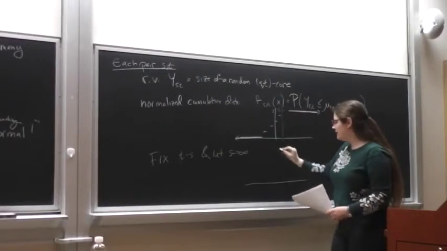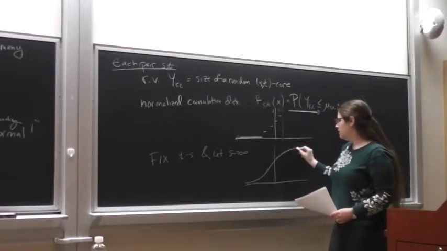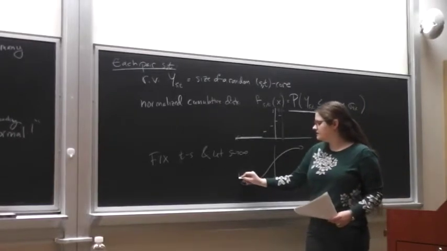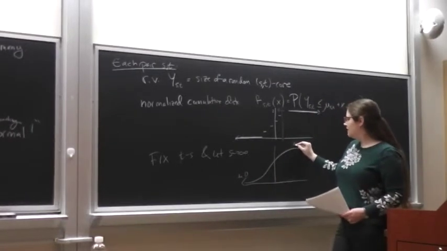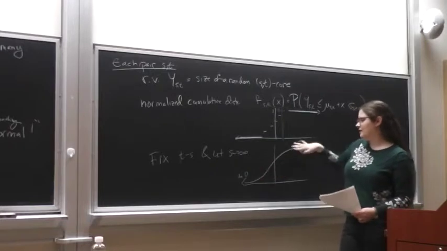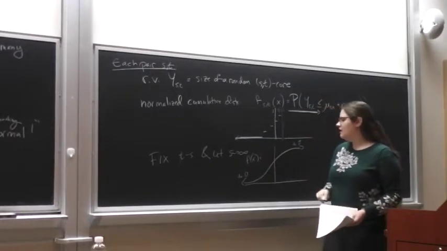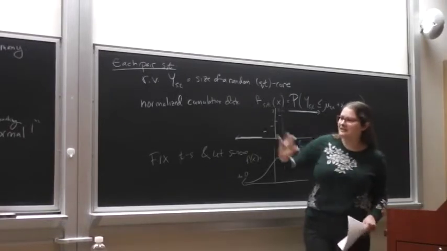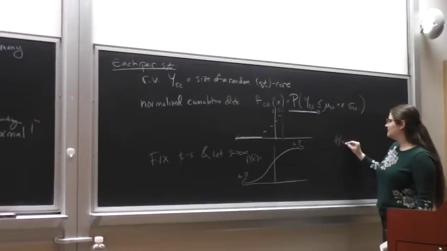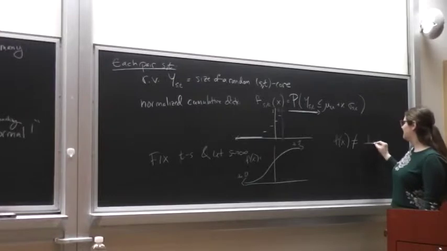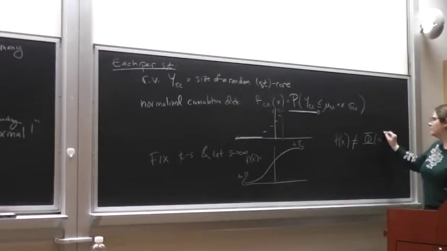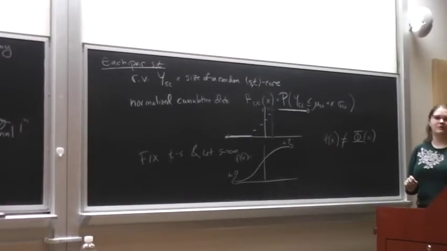And you'll get some kind of a curve, which goes to 0 on the left, goes to 1 on the right, and it's monotone in the middle. Call it f of x. And what Ekhad-Zeilberger are saying is that f of x is not the cumulative distribution function for a standard normal random variable.